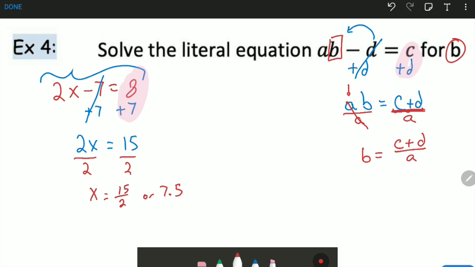You can also write this in another way by dividing each term individually by the a, essentially distributing the division through both terms, leaving you with c over a plus d over a. Either way is usually accepted as a final answer.